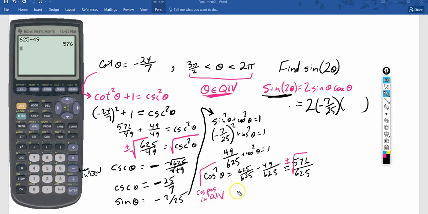So I'm going to choose the positive square root of this. The square root of 625 is 25, and the square root of 576 is 24.